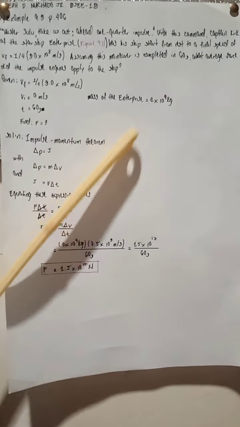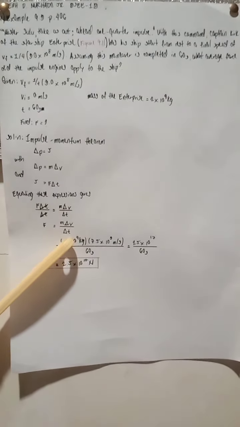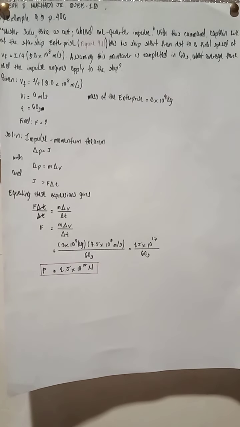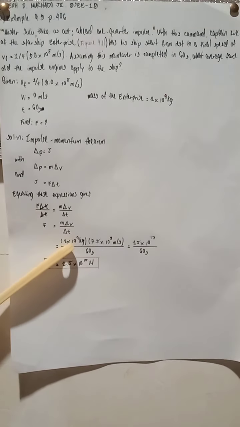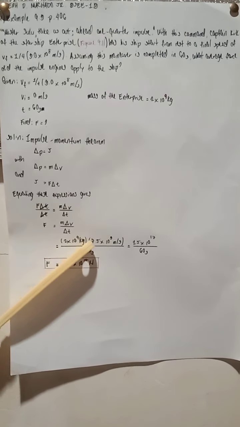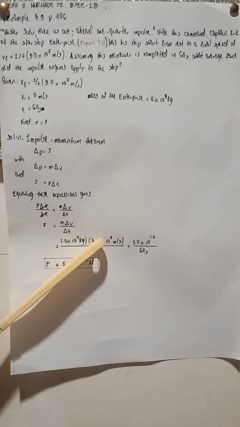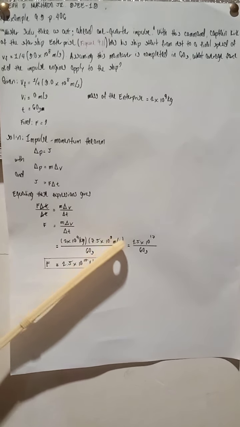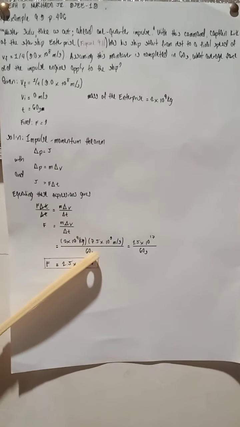So our mass of the Enterprise is... we're going to solve for the magnitude of force and insert the given values, which leads to 2 times 10 raised to the power of 9 kilogram multiplied by 7.5 times 10 raised to the power of 7 meter per second over 60 seconds.